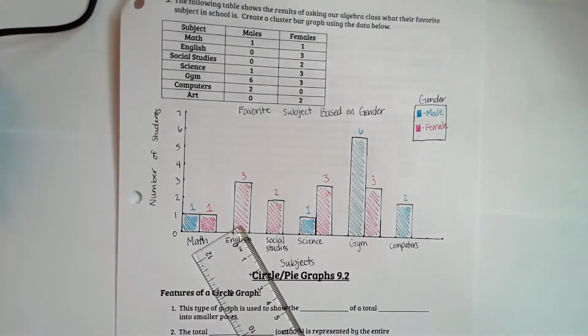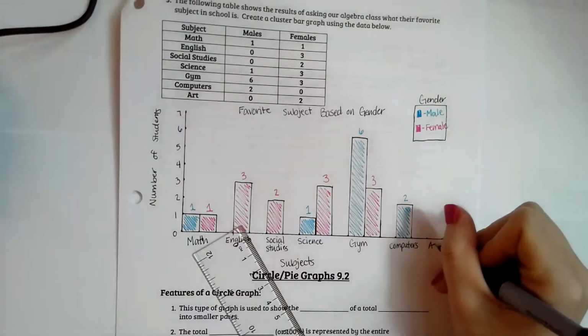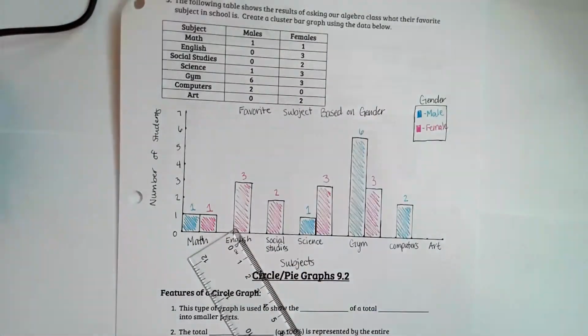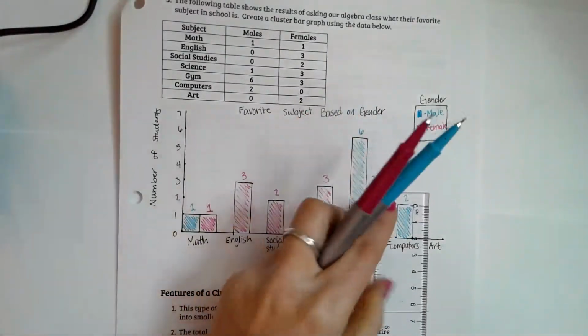And then last, we'll skip one, and that's art. We don't have any males, but we have 2 females.